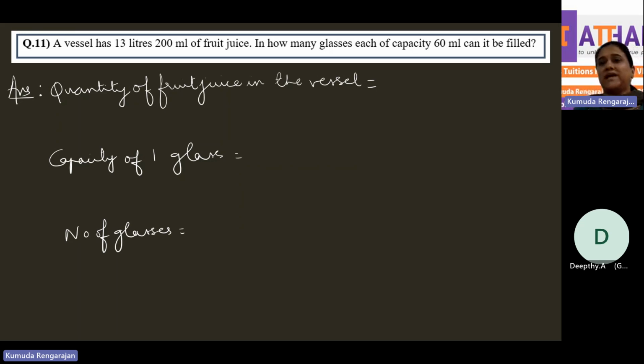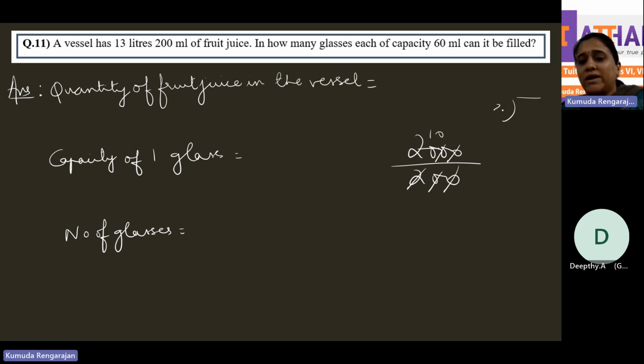How will you get the number 10? By dividing, 2000 divided by 200. Or when you divide 20 by 2, you get 10. So the operation is division.